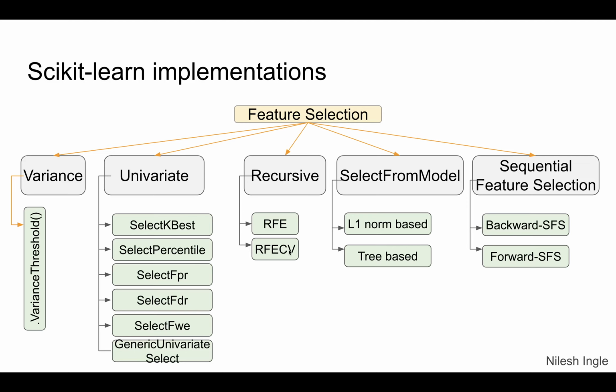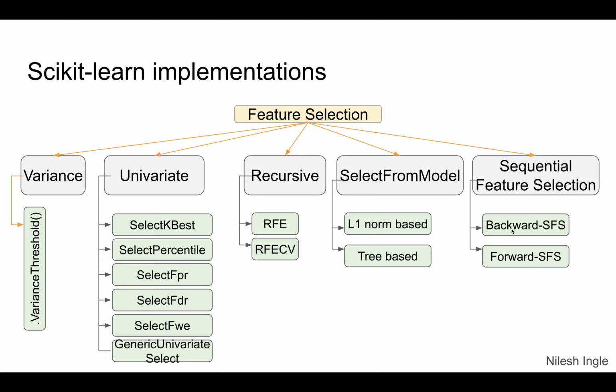There are recursive methods, and this is recursive feature elimination, RFE. Then select from model is another way you can select features, which has two main types, L1 norm based, and then tree based. And then there is sequential feature selection, which is similar to recursive, but slightly different.